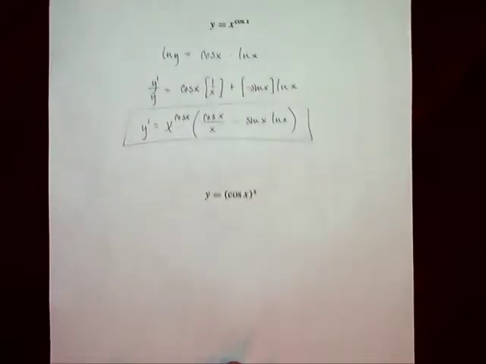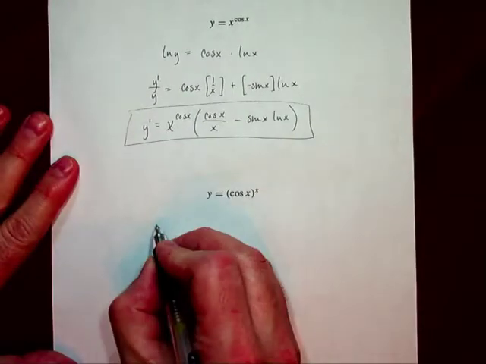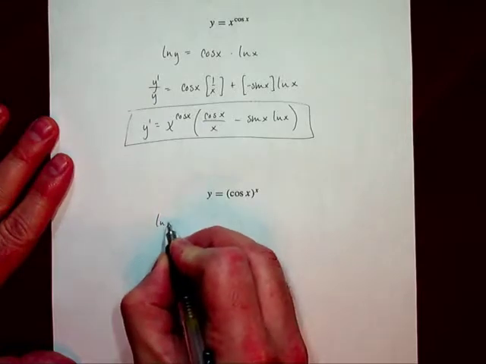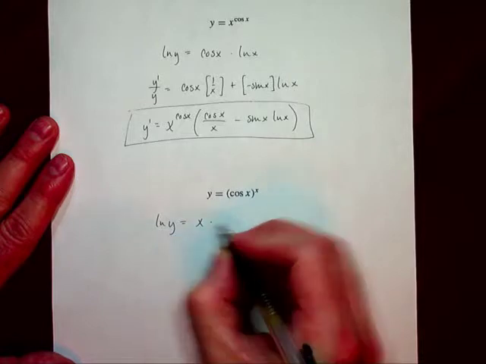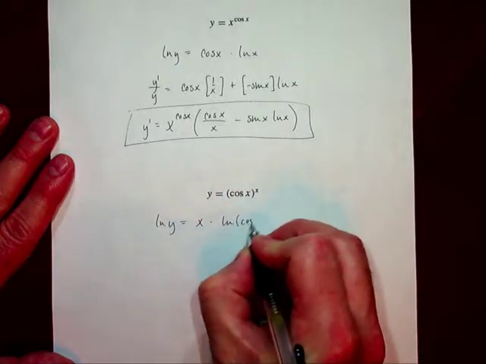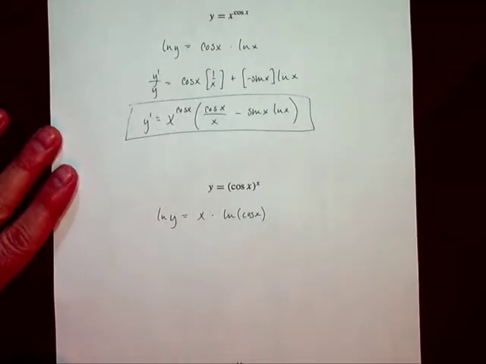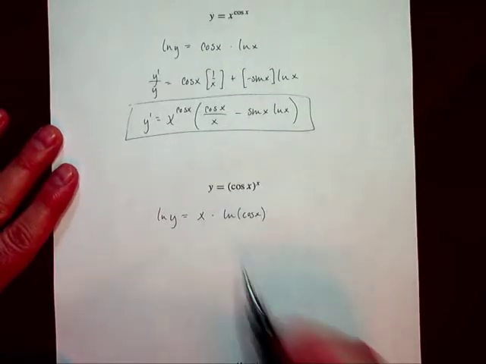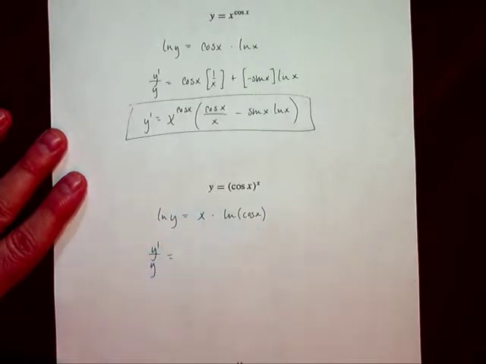Now let's see how it looks when it's the other way, okay? And I take the natural log of y, and I'm going to get x times the natural log of cosine x. Still a product rule, but this one winds up being a little more complicated. So we have y prime over y when we differentiate both sides.